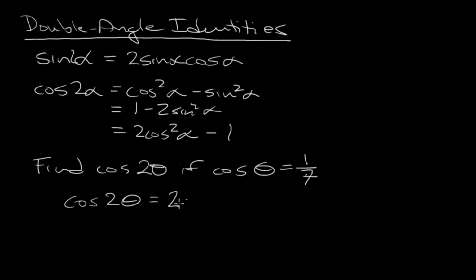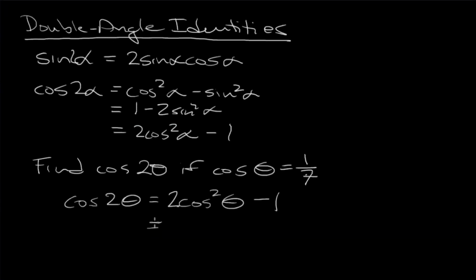Yes, so use 2 cosine squared of theta minus 1 because you already know cosine of theta. You actually can find sine of theta if you know which quadrant the angle is in, but we don't know that, okay? But it actually doesn't matter because if you go to the identity, you'll always get the same answer because sine is squared in the other identity. So you could find sine of theta using a right triangle and then use the first one. It's just way faster to use this one.